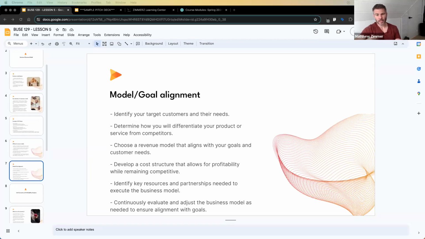If we're misaligned, it's going to become really difficult to break through the noise, or get in front of our customer, and make sure that we're not giving them a service that they don't want.